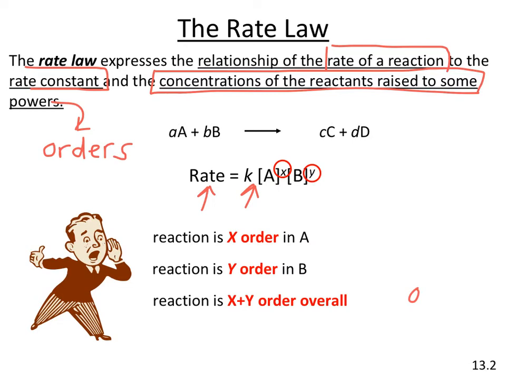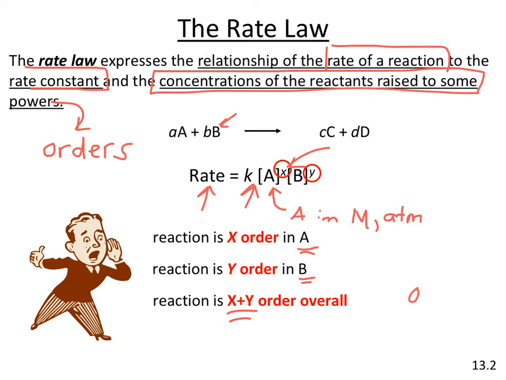It is equal to K, the rate constant, times the concentration of A. It would be in molar, or it could be in atmospheres or some other unit for pressure, to the X. So X is the order of the reaction with respect to A, and then we have the other reactant B, and Y is the order with respect to reactant B. And if you take the sum of the two orders, you'll have the overall reaction order.